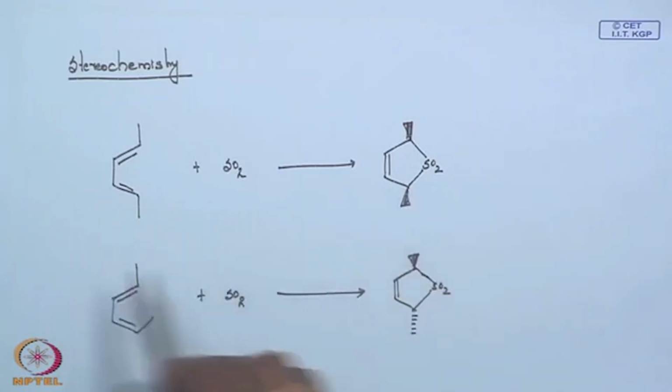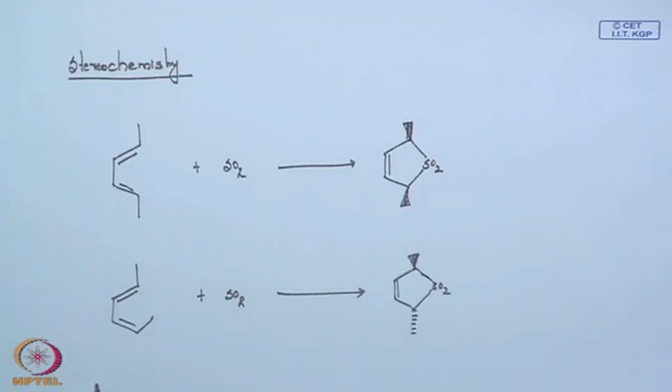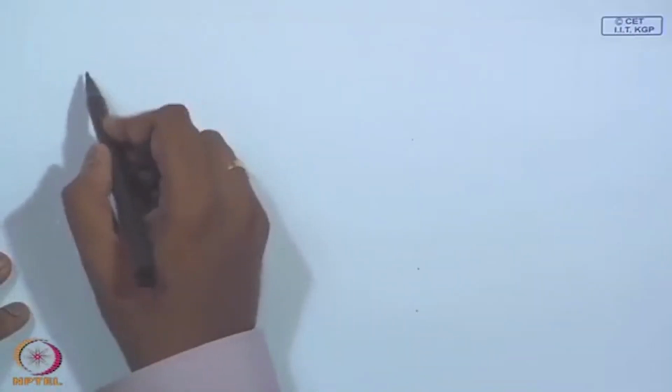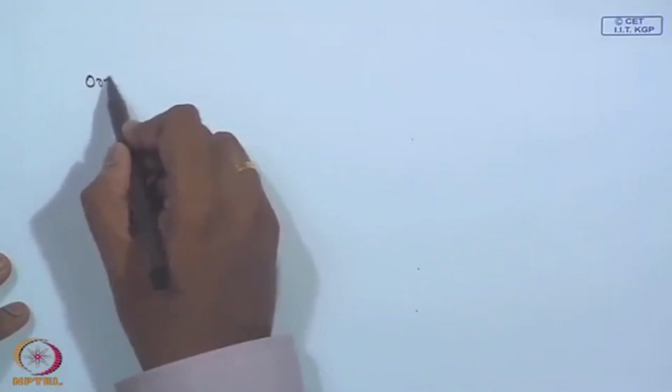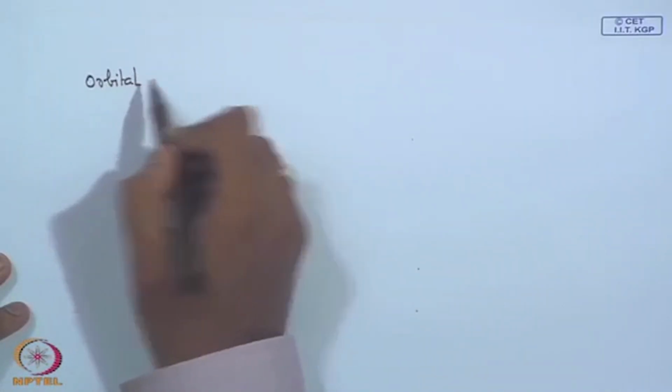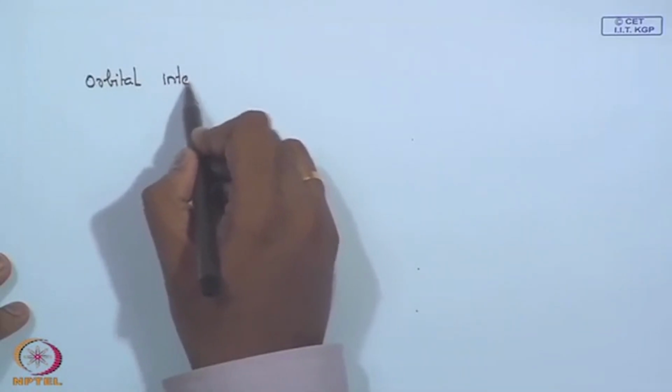We can understand this from the orbital interaction better, because if you know the HOMO and LUMO of these systems, you can understand better why you are getting specific products. I will just refresh it a little bit. We will see the orbital interaction, so that you can regain your understanding.